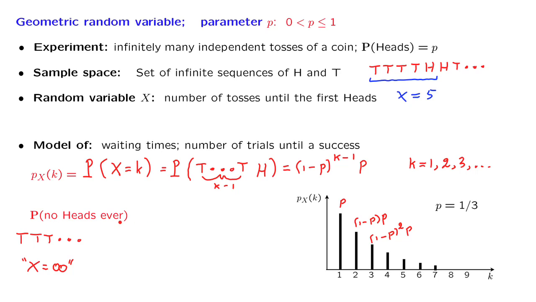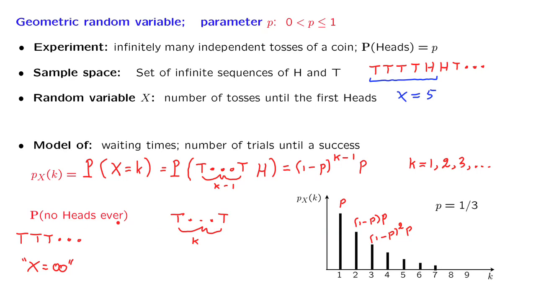So this is the event that we always see tails. Let us compare it with the event where we see tails in the first k trials. How do these two events relate? If we have always tails, then we will have tails in the first k trials.